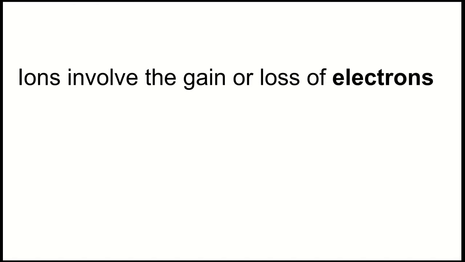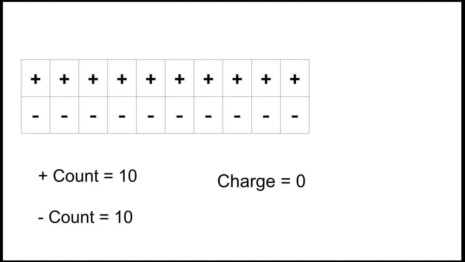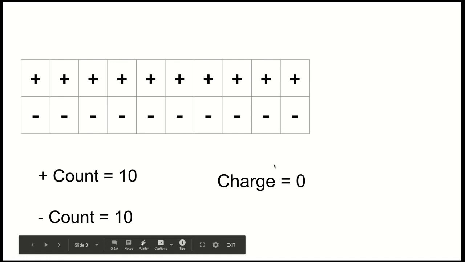So let's talk about ions. So ions involve the gain or loss of electrons. So if we had an atom that had 10 protons and 10 electrons, we can look at what happens when electrons are gained or lost. And so when they have the same number, then the charge will be 0.